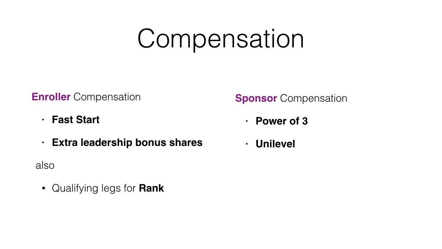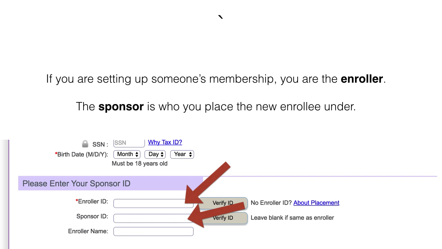Also, the qualifying legs for rank are based upon who the enroller is for that leg. Just remember one rule, if you want to have it overly simplified: if you're setting up someone's membership, you are the enroller. The sponsor is who you place the new enrollee under in your graphical tree.